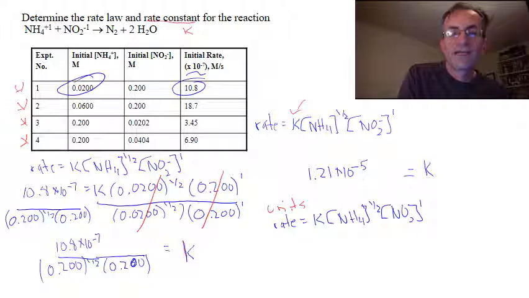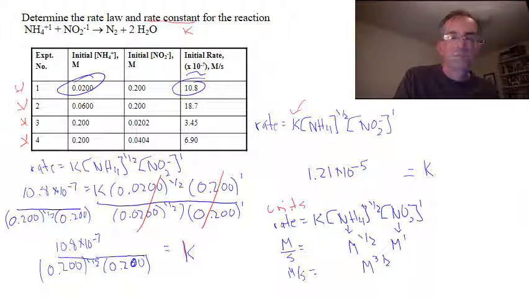So I know that rate is in molarity per second. I know this is like a half of a molarity. And then I know this is like 1 molarity. So if you put it all together, what I'm left with is molarity per second equals, well, I have molarity to the 3/2. So what do I need to stick here to make this work out?